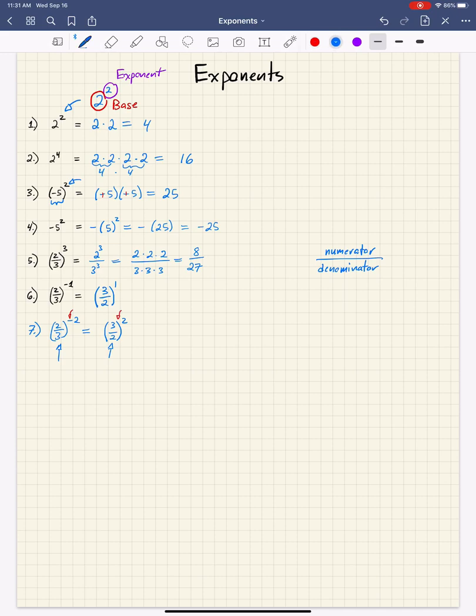And our answer after we flip that over, get rid of the negative sign, is 3 squared over 2 squared, which is equal to 3 times itself, 2 times itself, and then we get 9/4.